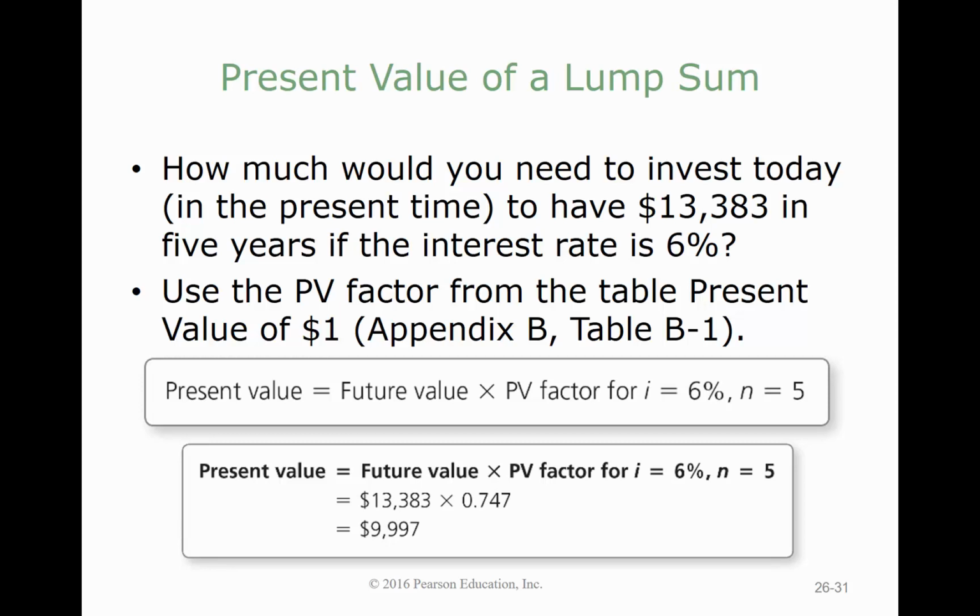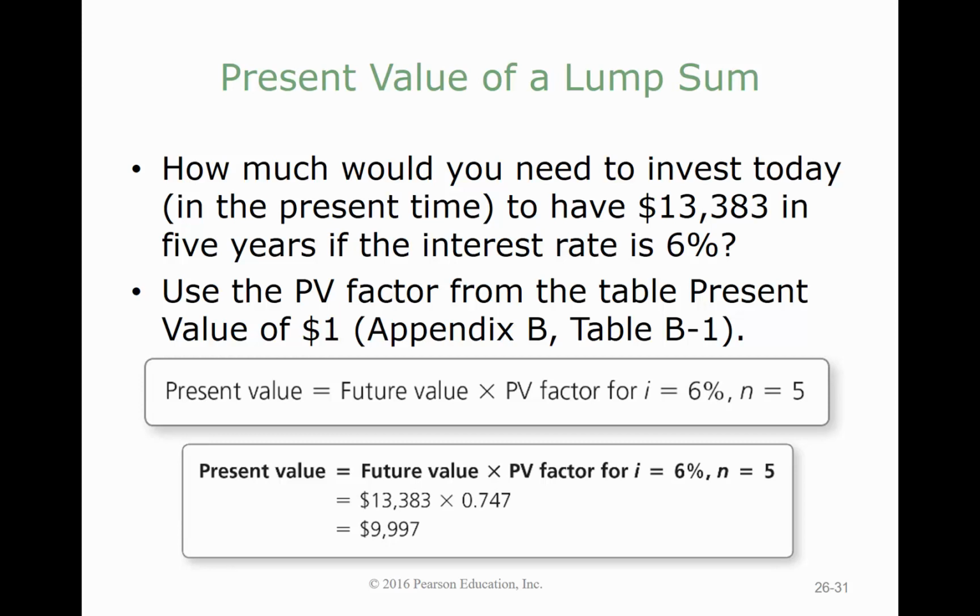All right. So what we do is we would go to our table, and in the table, it has interest rates, I think across the top, and number of periods down the side, and you would go to n equals 5, and the interest rate equals 6%, and you'd bring your fingers together, and that would give you a factor. And that factor is the amount you multiply the principal by, and that gives us our answer.